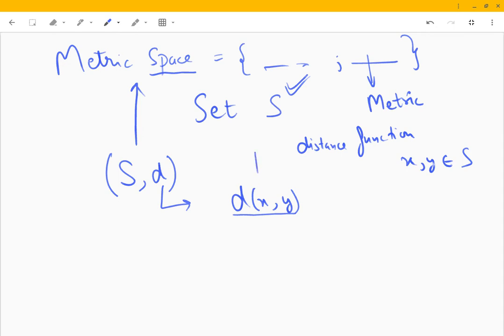This is a certain function that is related to the distance. Could be distance, could be something else related to distance, and we will do an example to make it clearer.